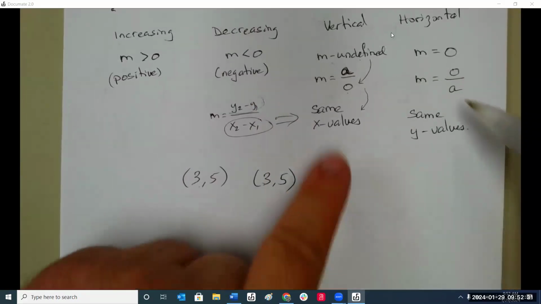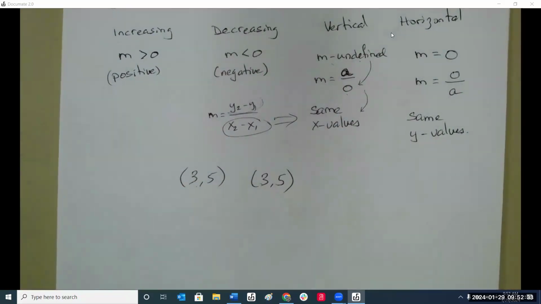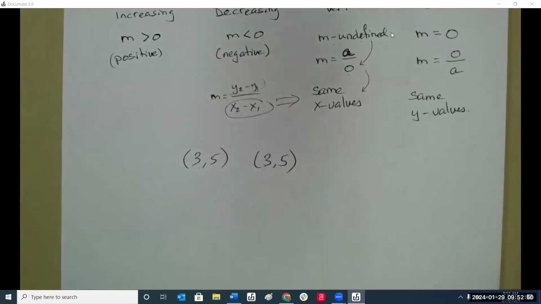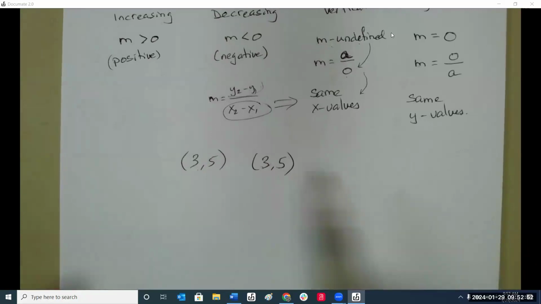So it's both of these. Through a point, I can have a vertical line. Through a point, I can have a horizontal line. Through a point, I can have any other line in the world. So that's why it's just a point. It doesn't have a line. You need 2 points to have a line. That was a trick question. But yeah, you were right. Origin, if they're both the same value, 0, 0, 0, 0.